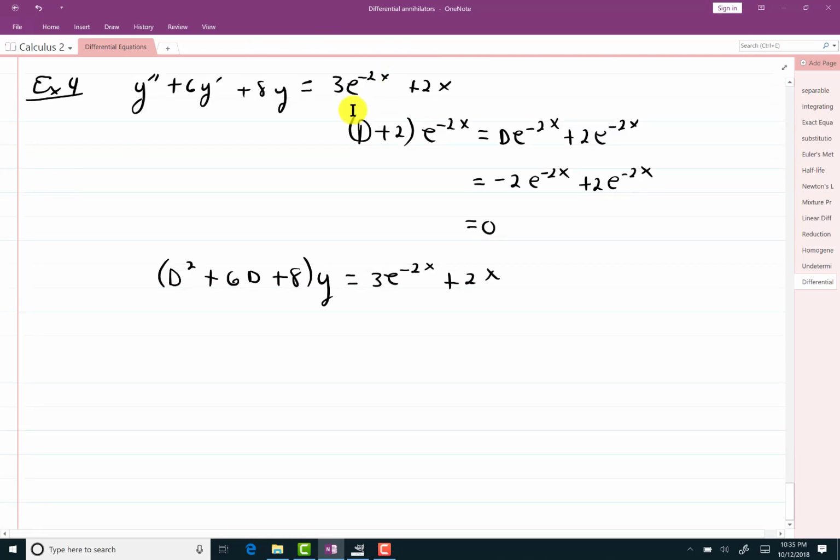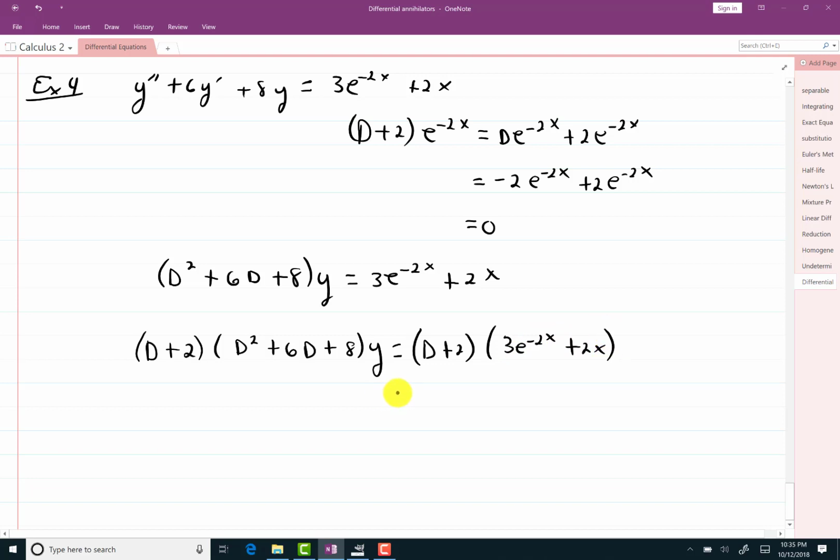Let's go ahead and apply my annihilators then. Let's see what happens when I do D plus 2. I'm going to have D plus 2 applied to the other side, 3e to the negative 2x plus 2x. That'll equal, I'll apply it first to this piece. I'll get negative 6e to the negative 2x.